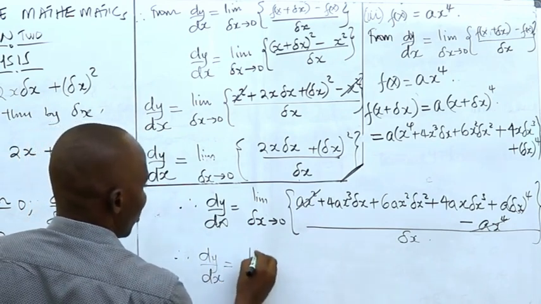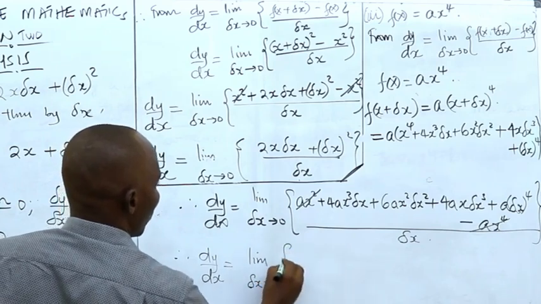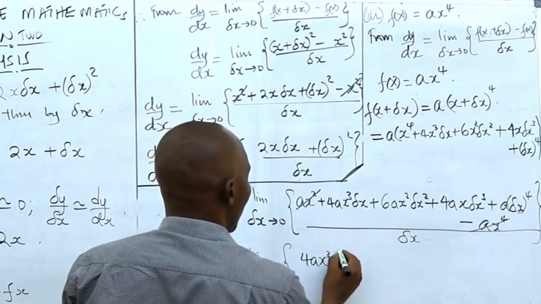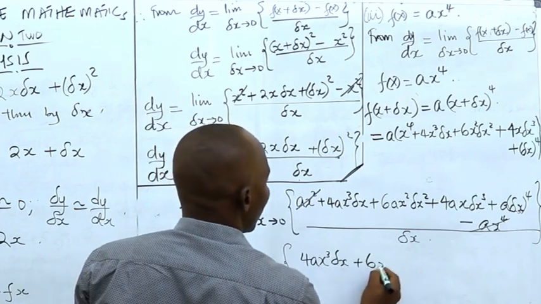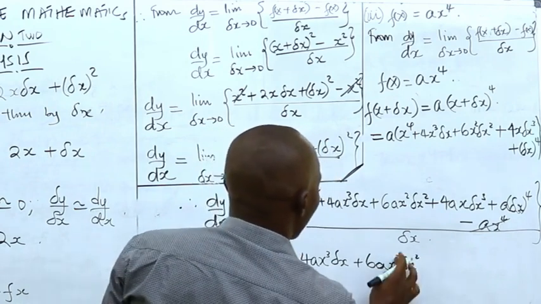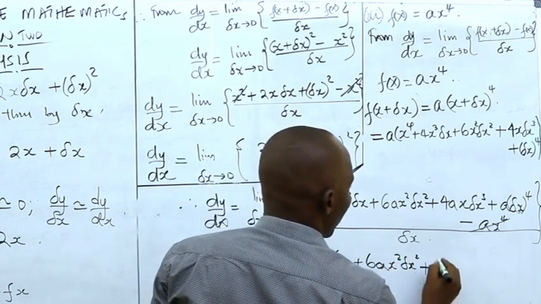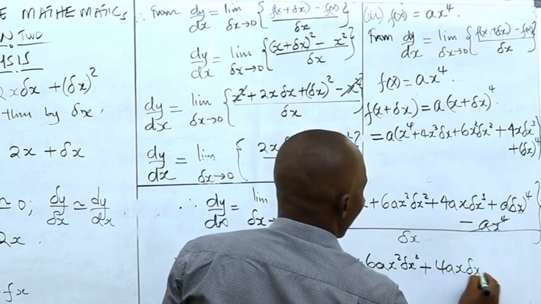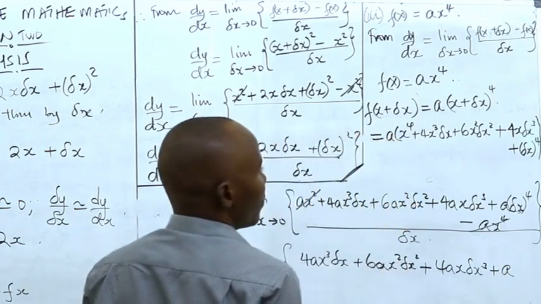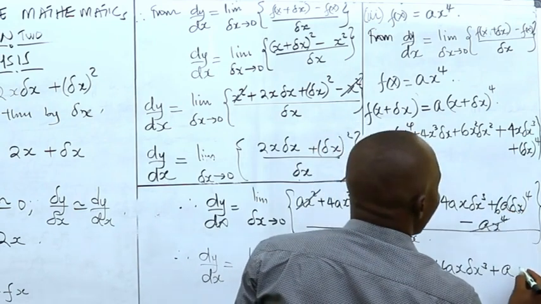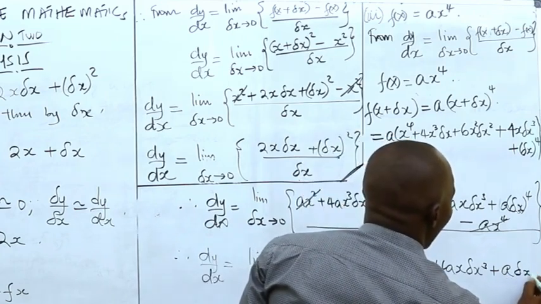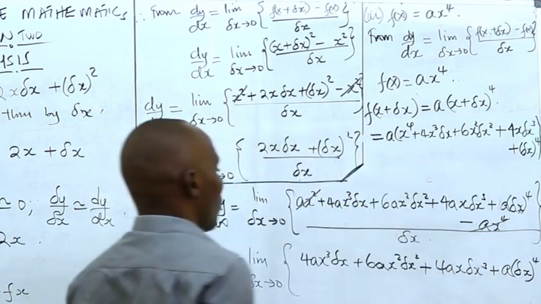We have dy dx as the limit as delta x tends to 0 of 4ax cubed delta x plus 6ax squared delta x squared plus 4ax delta x cubed plus a delta x to the power 4.